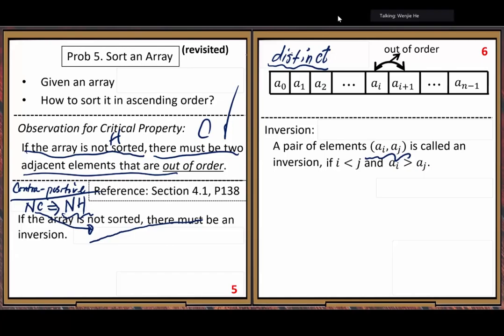Remember last time, in this first statement, we used the contrapositive method to prove it, right? So I reviewed the contrapositive method last time.